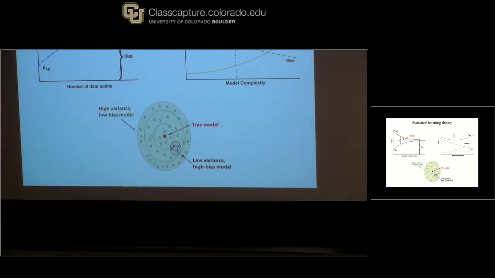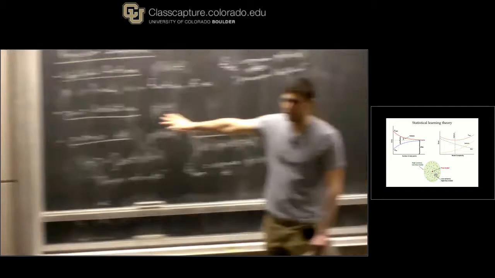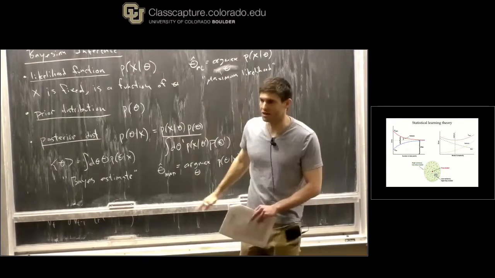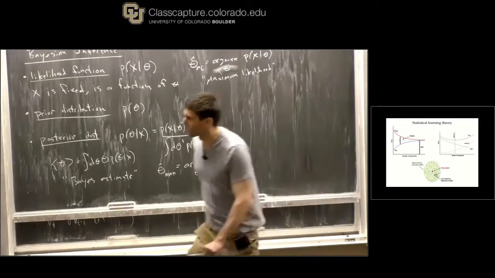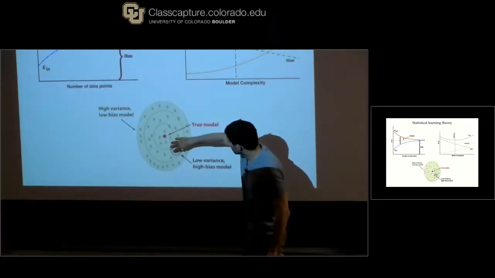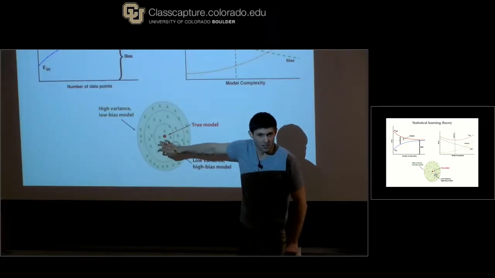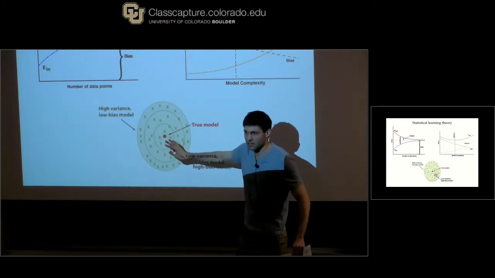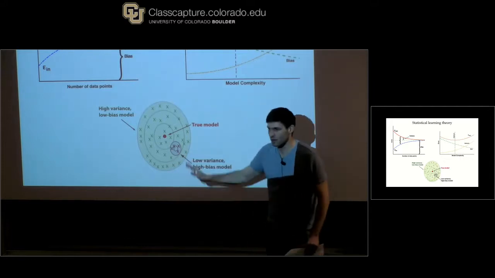Whereas if you have a prior distribution that tells you something about what you think is going on with these parameters, you can bias yourself to certain kinds of parameter choices, and you'll end up in this black region over here, where you won't get the right answer because you're encouraging the parameters to be different than what the data alone tells it, but you'll have lower variance.